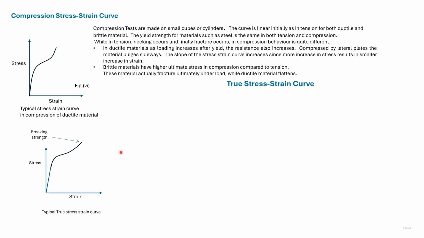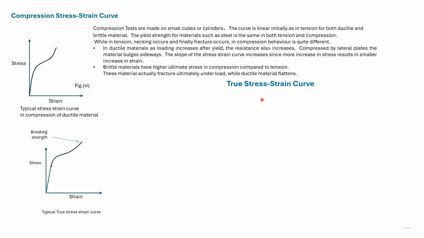As shown in these diagrams, the stress keeps on increasing, unlike the engineering stress-strain curve. When necking occurs, there's a reduction in area and as such a corresponding increase in the stress.